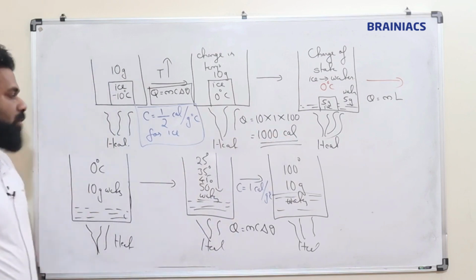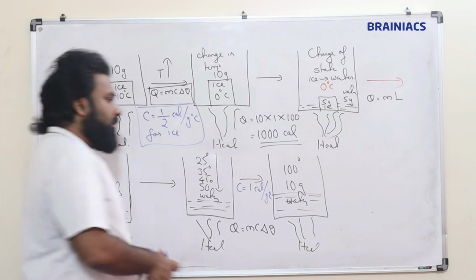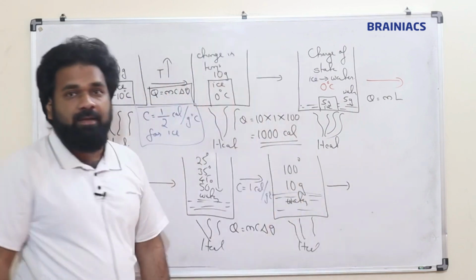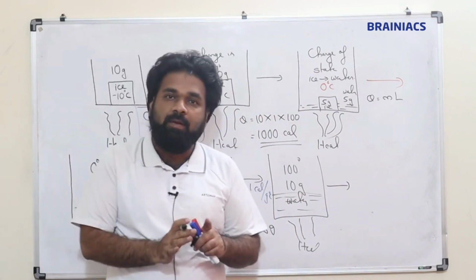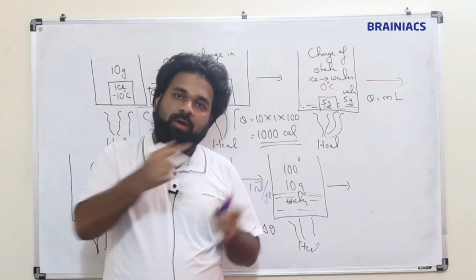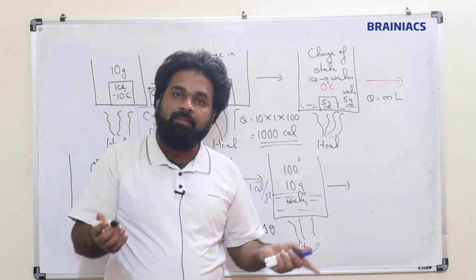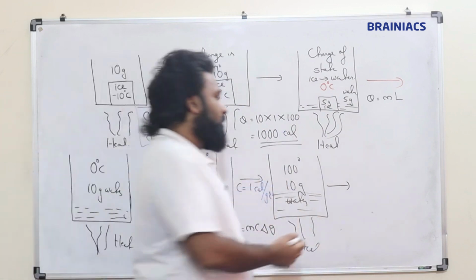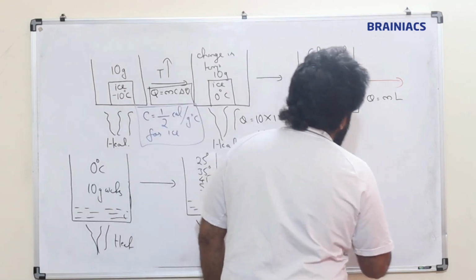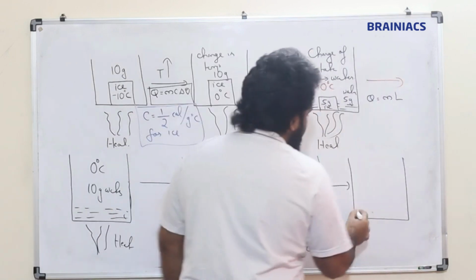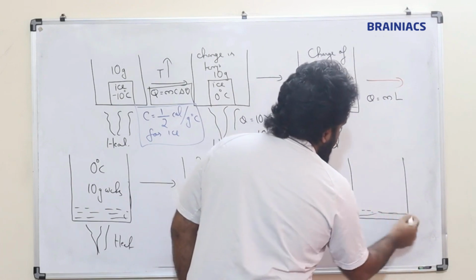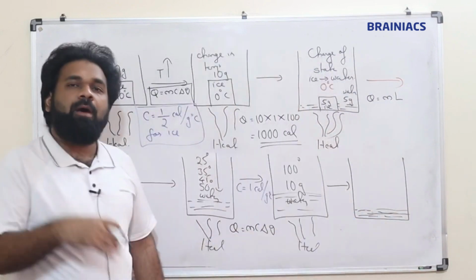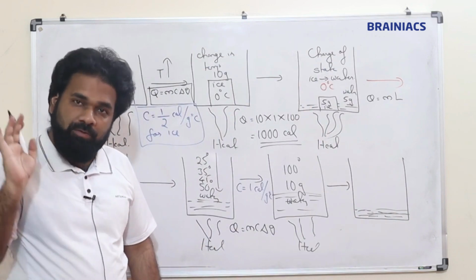Now the next stage is what will happen again? Once it reaches 100 degrees Celsius, I am taking the example of water, ice, water, steam. For another material everything will be different. Now a part of the water would have converted into steam.